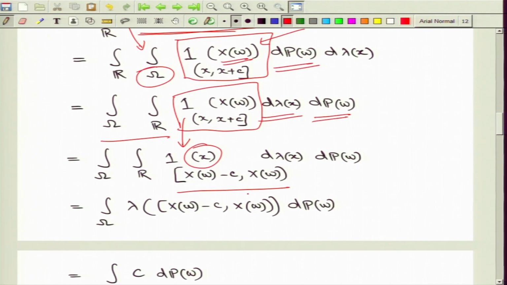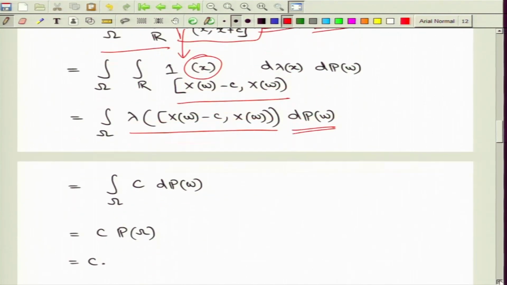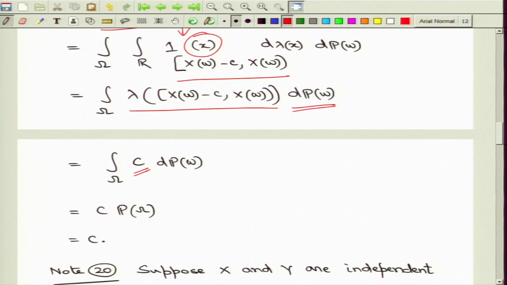If we look at the integration with respect to the Lebesgue measure first, we get the length of the interval with respect to the Lebesgue measure, and then we have to integrate that further with respect to the underlying probability. This length is nothing but the constant c, because the points that we are using are X(omega) minus c to X(omega), and therefore the length of the interval in question is exactly c.